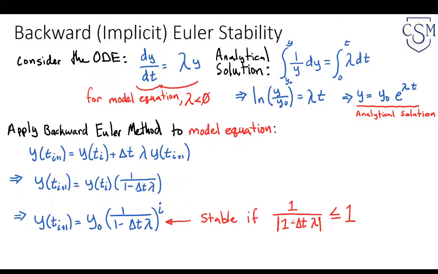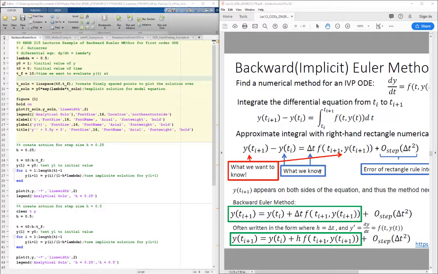So this is stable as long as this is less than or equal to 1, which will always be the case for our lambda less than 0. Therefore, we say that this is stable for any time step we take. So while it is computationally more difficult to do implicit Euler, it's actually stable for all delta t. So if you, for some reason, need to take a large time step for your numerical integration, a good choice is backward Euler.